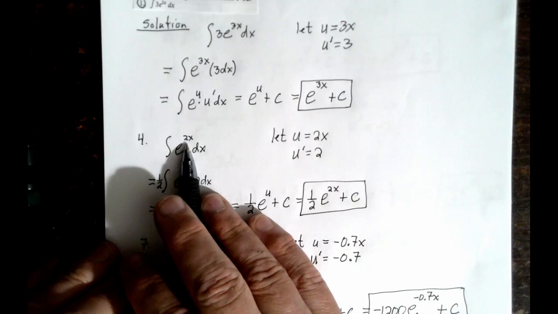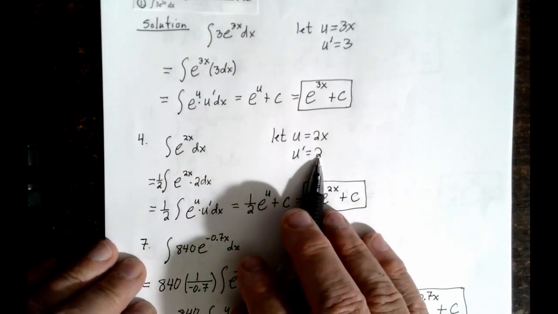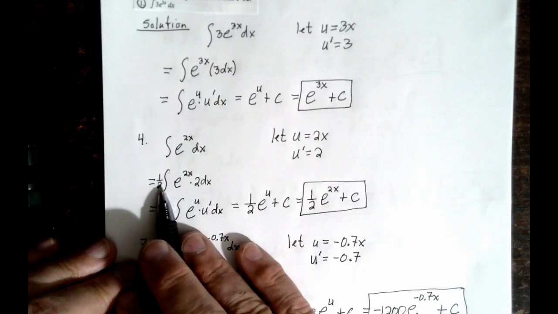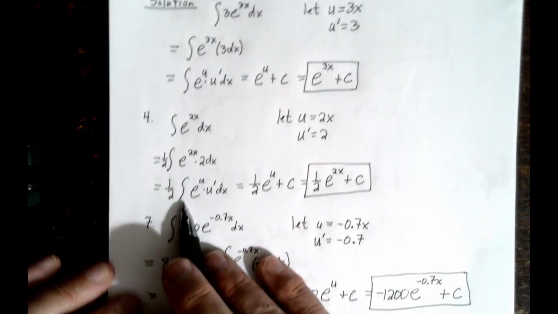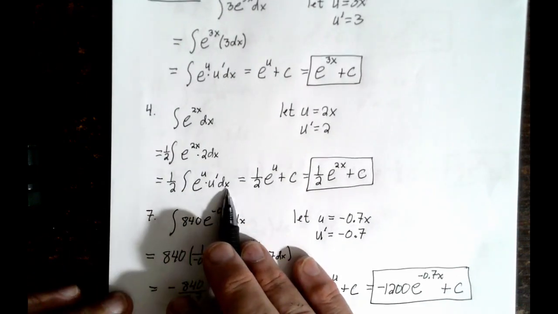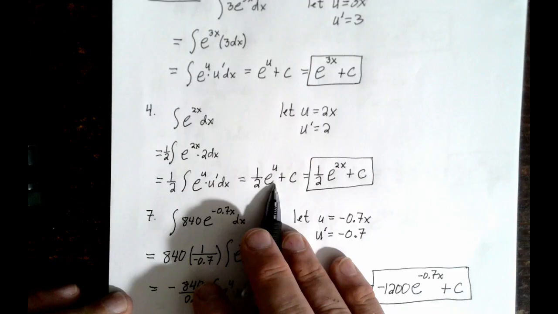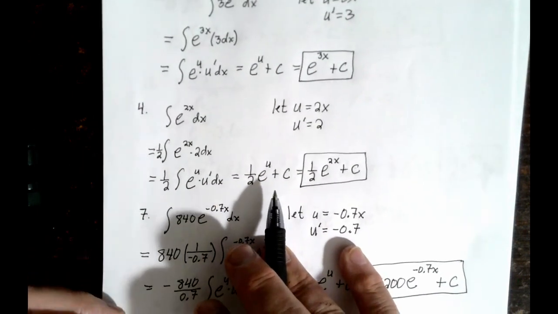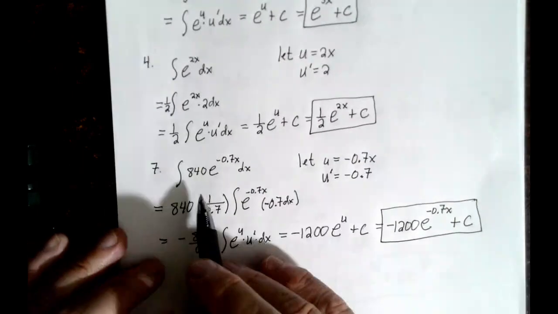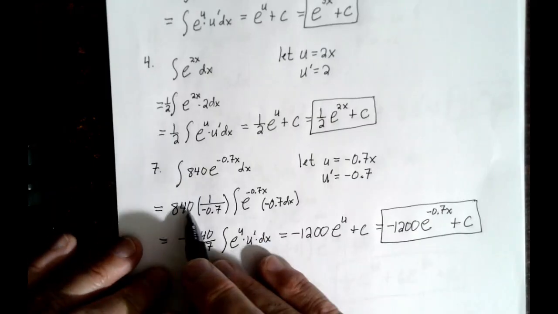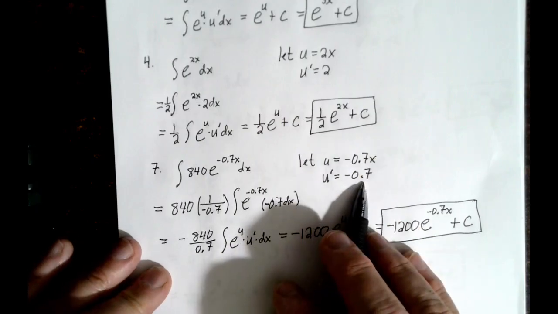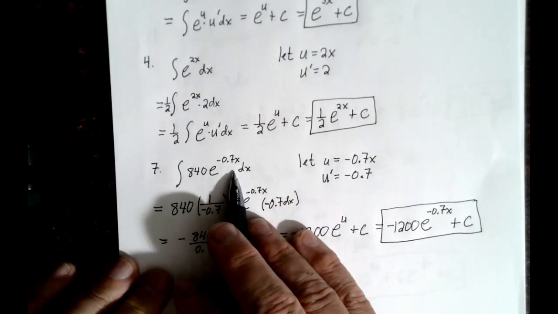Here we got u is 2x, so our derivative is 2, and we don't have the 2, so we put a 2 in there, and we put a 1/2 out front. So we get e to the u prime dx, and we get e to the u plus c, and u is 2x. Number 7, you can bring the 840 out front, and you can let this exponent be your u, so your u prime is negative 0.7, which you don't have.